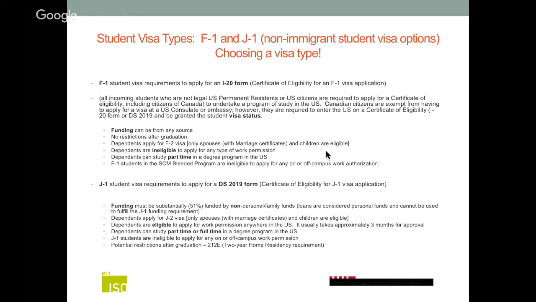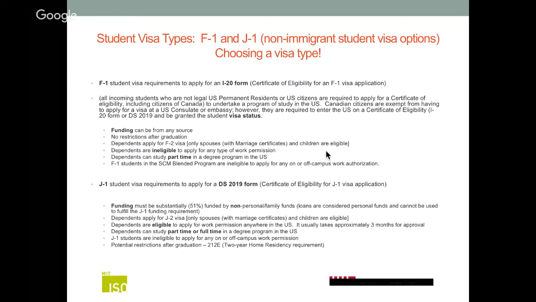The funding source could be your home government, the US government, or a private company, fellowship, or even funding from MIT, which I don't believe that's available in this program. But 51% of the funding cannot be personal or, as I say, family funds.